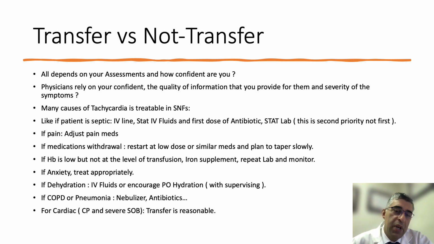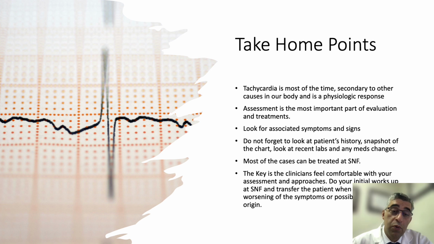We have all abilities to manage the patient. If the patient has COPD or pneumonia, we can do antibiotics, we can do nebulizer treatment. We don't need to transfer this patient to the hospital if the patient is stable. If the cardiac cause, like if the patient has chest pain and severe shortness of breath, then the transfer is reasonable because it can be ischemic heart disease or pulmonary edema.